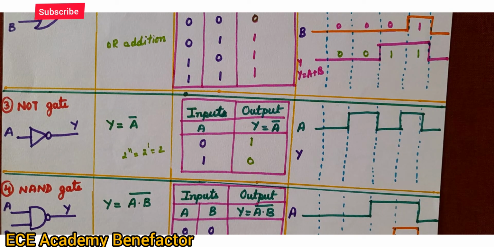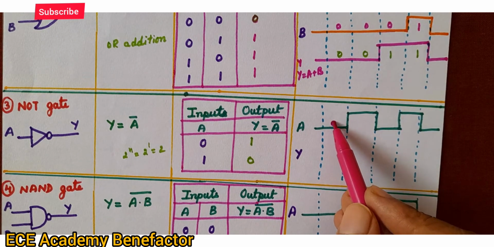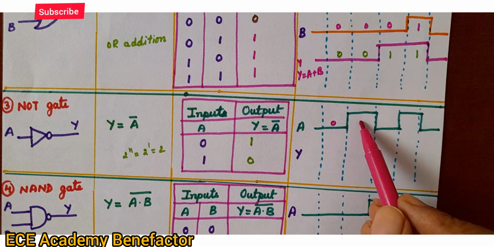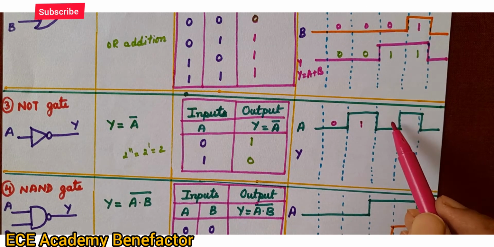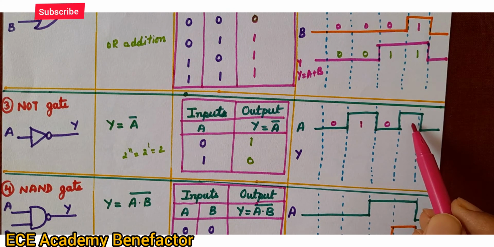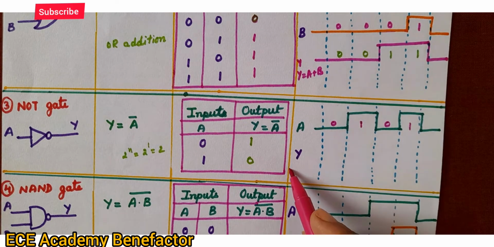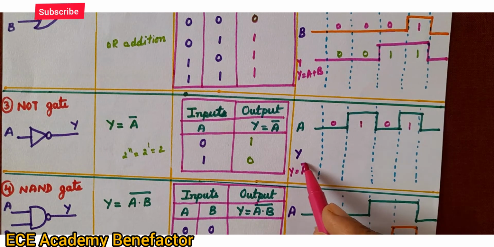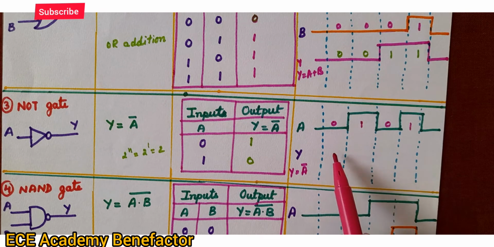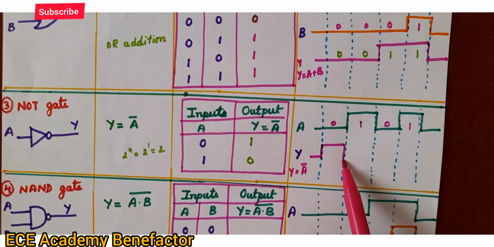Coming to the waveform, if this is the given input waveform, in the T1 period A is 0, in T2 A is 1, in T3 A is 0, in T4 A is 1. How do we draw the waveform? What is Y? Y is equal to A bar. Whatever A is, you have to complement it. In T1 it will be high because A is 0.